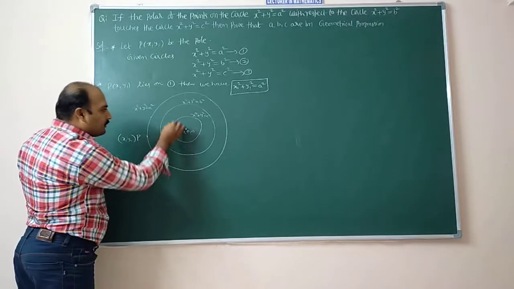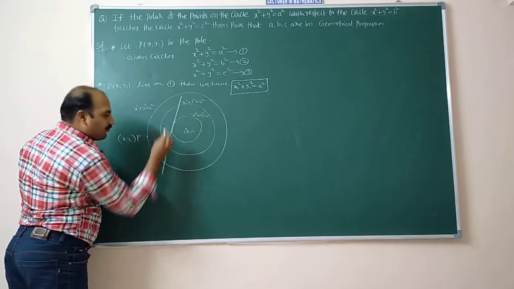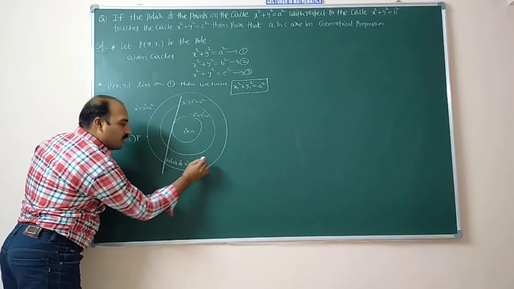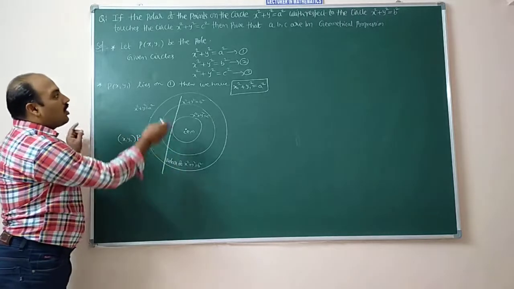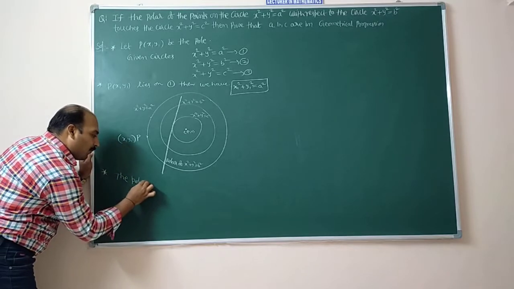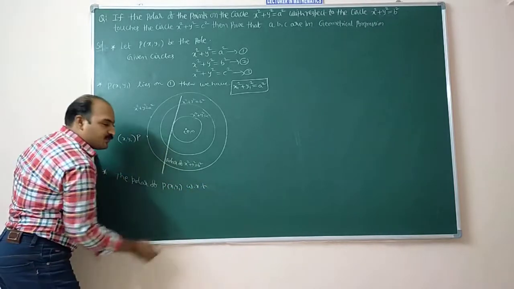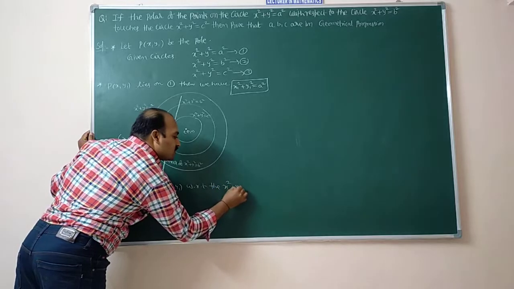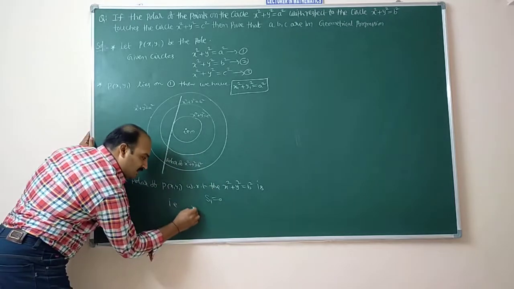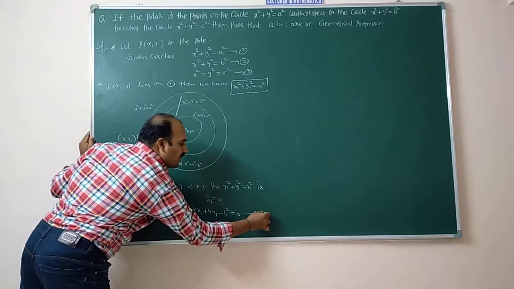The polar equation will become, this is the polar of P with respect to the second circle x square plus y square equal to b square, that is S1 equal to 0, that is xx1 plus yy1, that b square you can take this side, minus b square equal to 0. You put that as equation number 4.